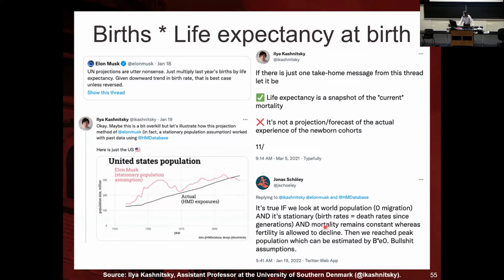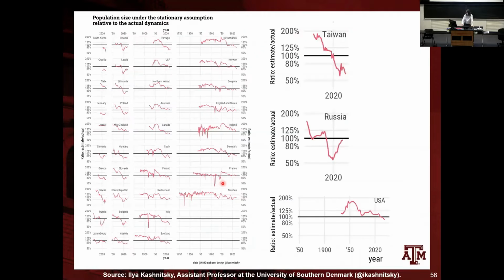And the age-specific mortality rates have not been constant. Okay, fertility might be declining, but all these other assumptions are not true from what we are experiencing. So population projections cannot be done in such an easy way, okay?